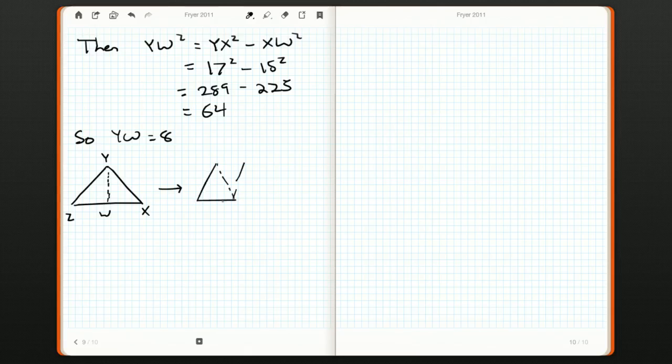This isn't the best picture. So we're cutting. We're doing our process.